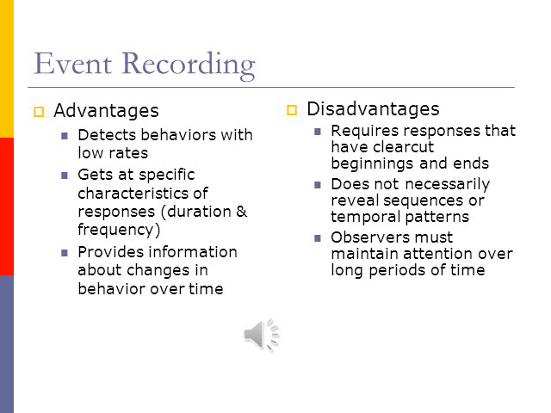So we can look for the length, the duration of tantrums, say, to decrease over time, or the amount of time it takes between when a student gets an instruction and they initiate compliance with that instruction. We can try to shrink that time. Some disadvantages: you are looking for responses here that have a clear-cut beginning and end.